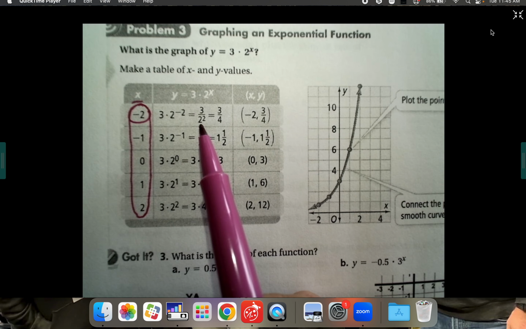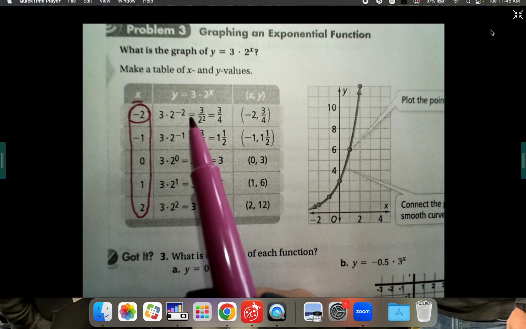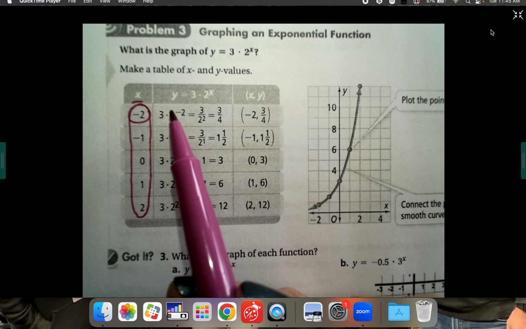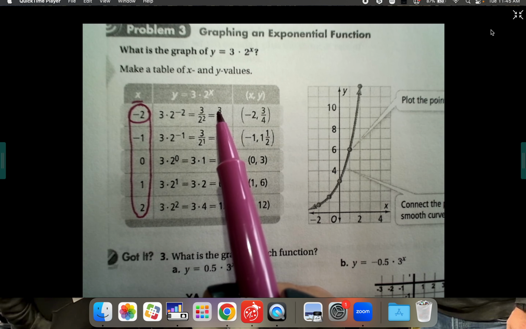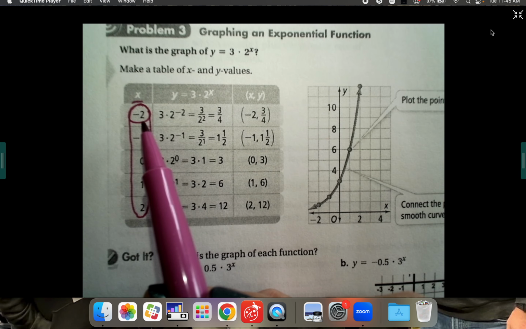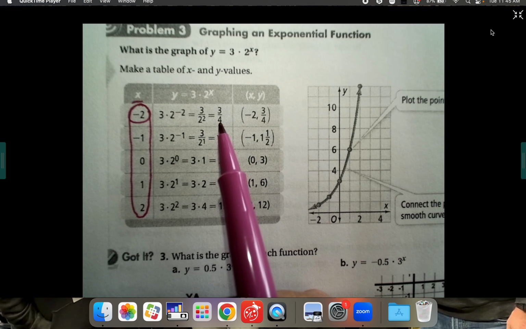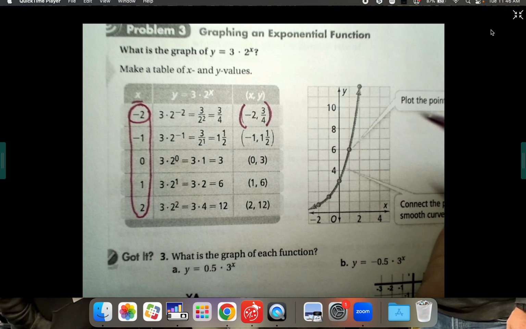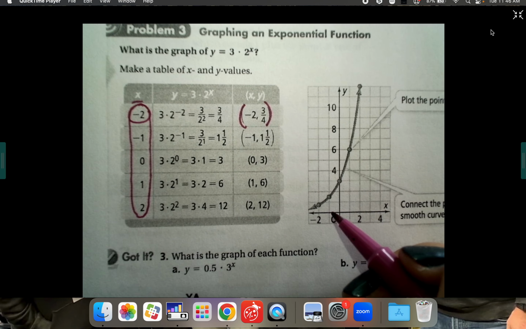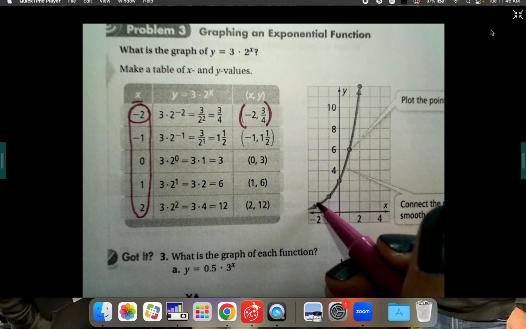That's why we learn those rules, because we need to know them when we graph. So you've got 3 that can stay in the numerator and 2 to the -2, which flips to the denominator and becomes positive. So that'd be 3 and 2 squared is 4, so 3/4. So at -2, your y is 3/4. They've turned that into an ordered pair, -2, 3/4. So they've graphed at -2 and about 3/4 of 1, not quite 1.